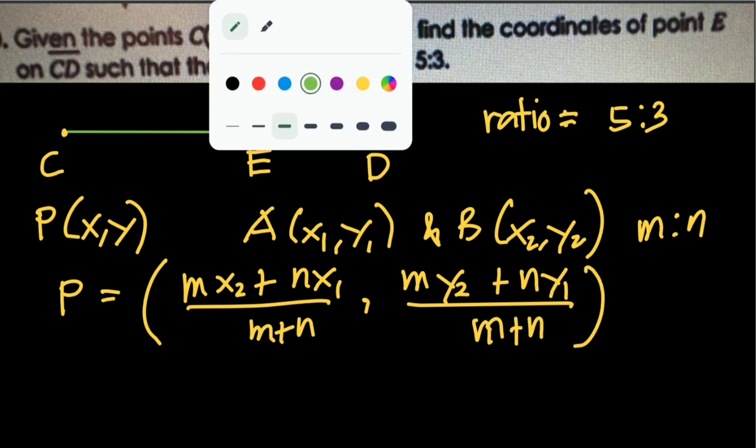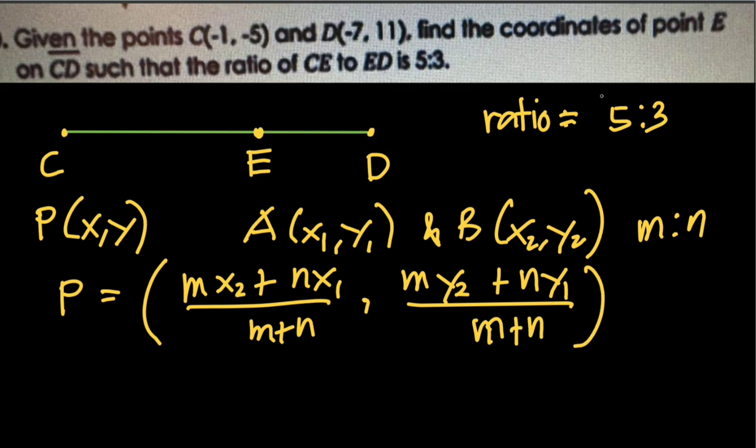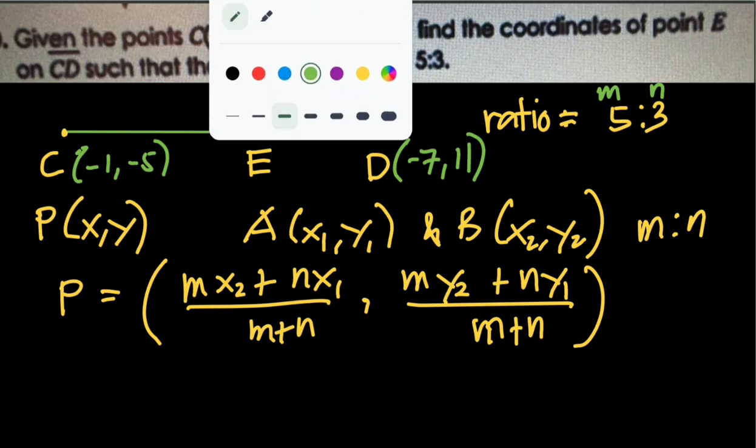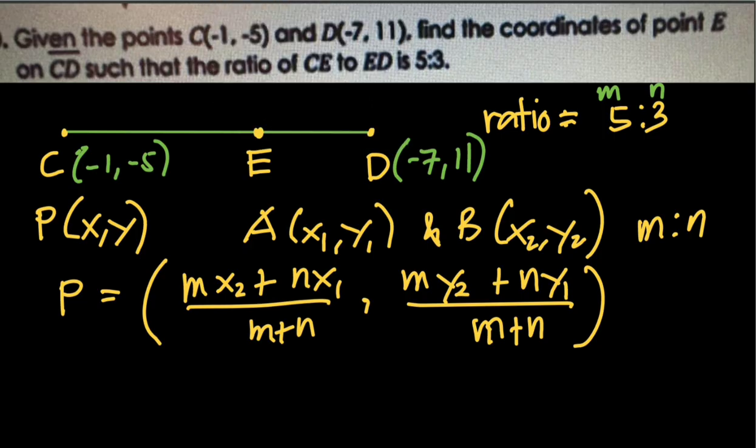In this case, our m is 5 and our n is 3, right? We're given point C(-1, -5) and point D(-7, 11). So we can assign point C as (x1, y1) and point D as (x2, y2), and then plug into the formula.